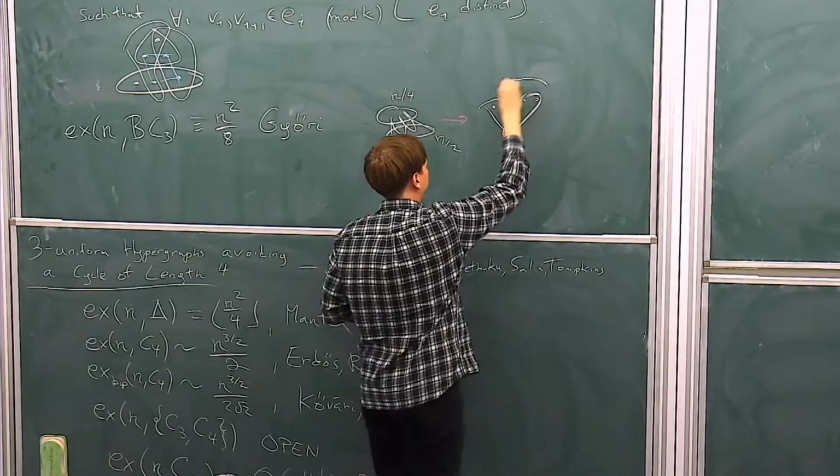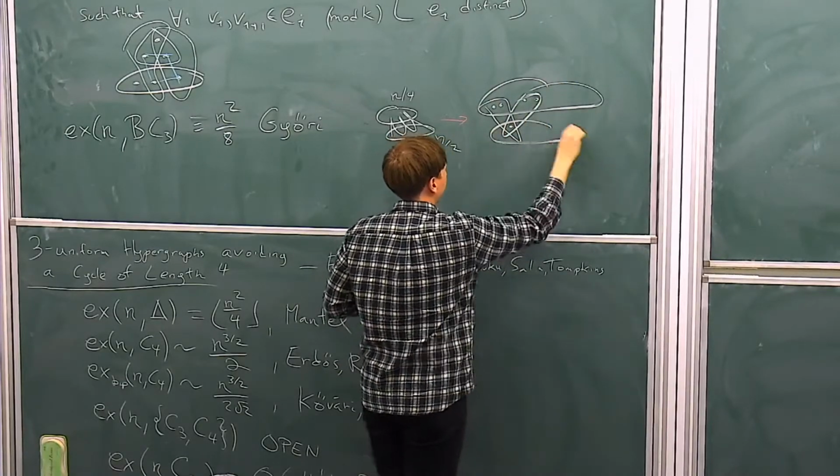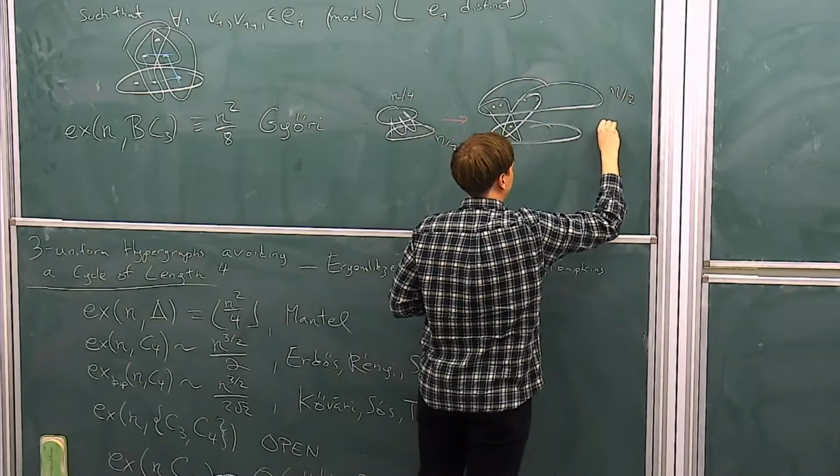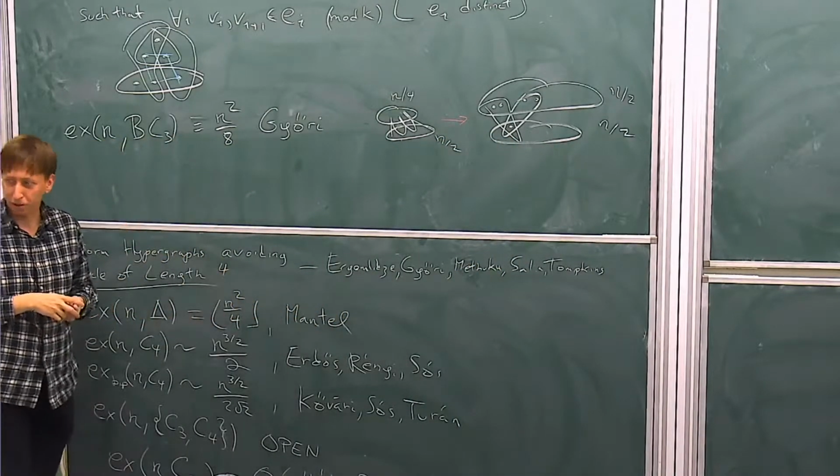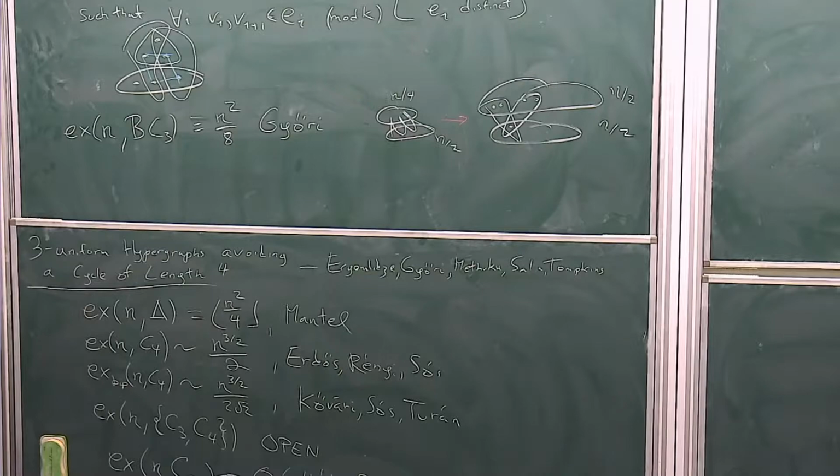I double all the vertices on this side, so that I get n over 2, n over 2. And it's simple to check that by doing this I don't introduce any triangles. And since I started out with n squared over 8 edges, in the end I also have n squared over 8 edges. And Győri proved this was sharp.